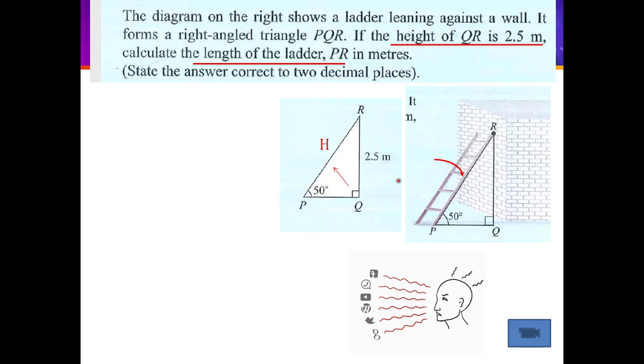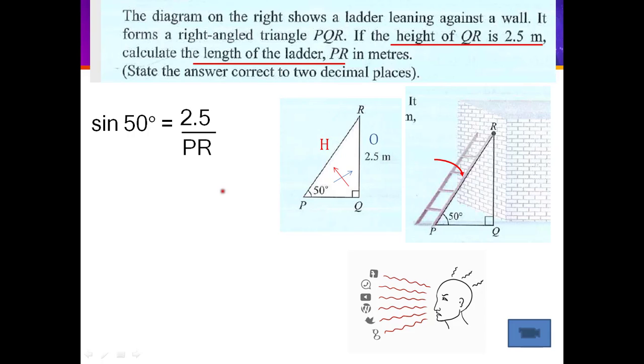You have sine theta, cos theta and tan theta. This is the opposite and you have the hypotenuse, so you should use sine 50 degrees. Remember, you must identify the trigonometric ratio, and right beside it you must have the angle. So we have one equation: sine 50 degrees equals 2.5 meters over PR.